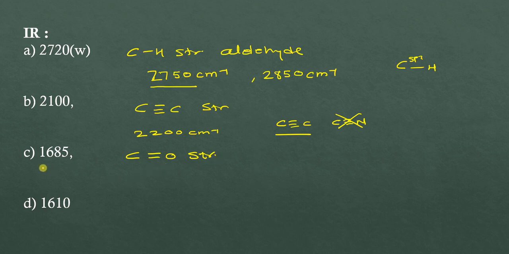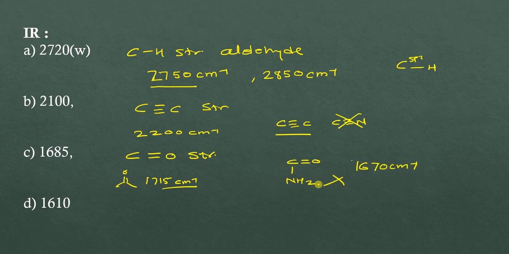Then 1685 is for C=O stretching of carbonyl. Right. So this is a quite lower value. We have discussed earlier that for ketone, C=O may appear at 1715 cm⁻¹. And this is quite a lower value. So lower values for C=O stretching appear for amides. This amide CO appears around 1670 cm⁻¹.